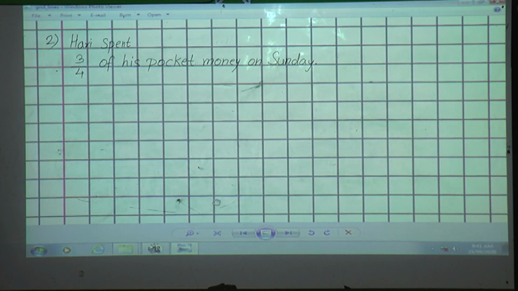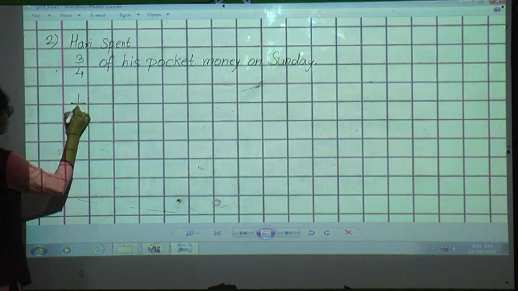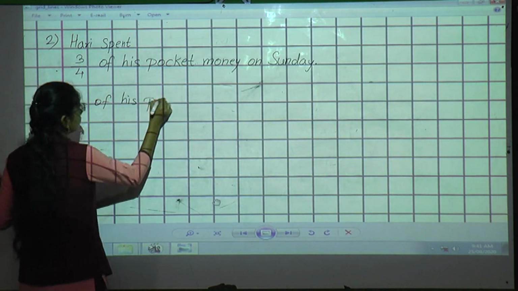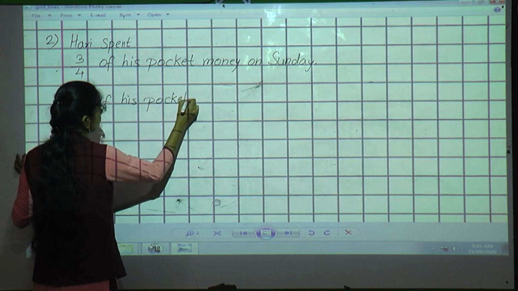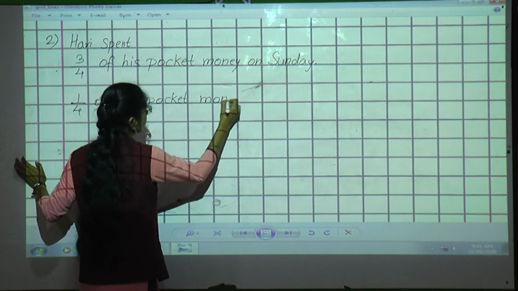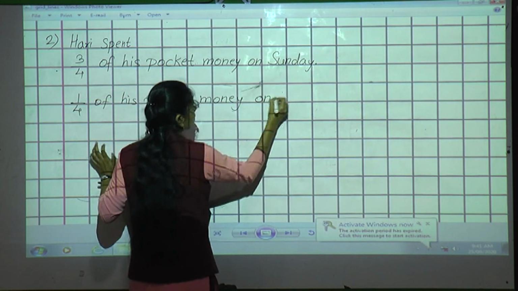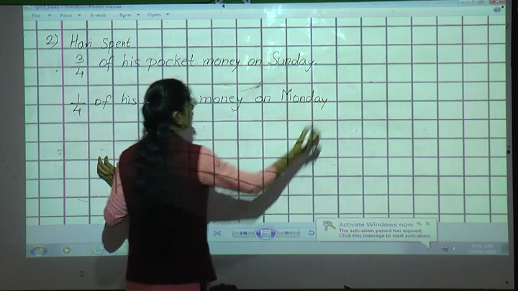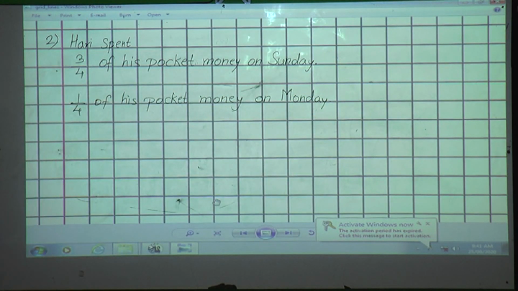And Hari spent 1 by 4 of his pocket money on Monday. Okay, and the question is, on which day did he spend more money? So what do we have to do? We have to do the comparison.